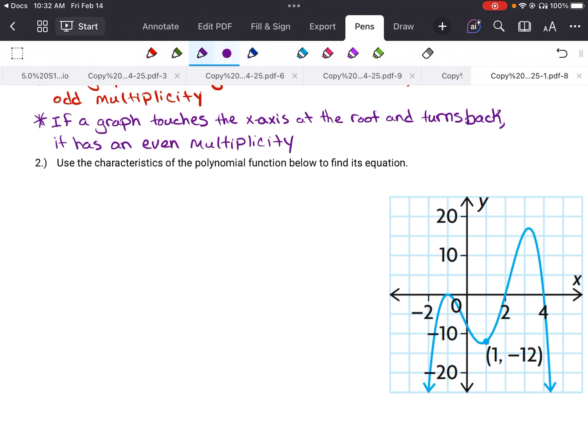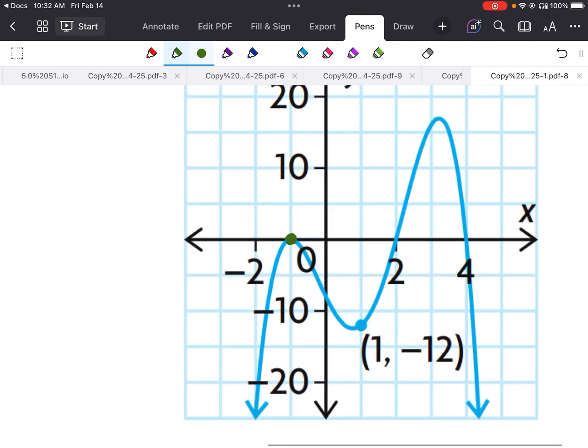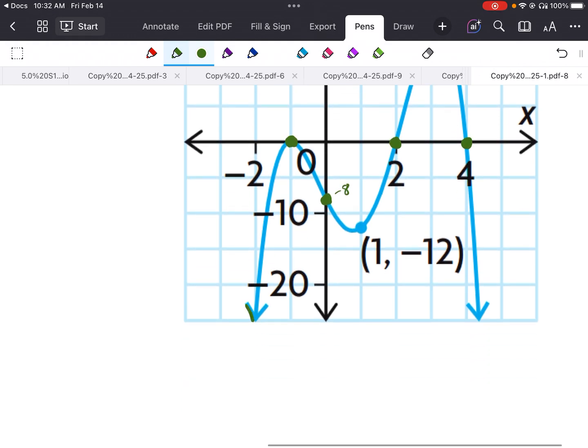Okay, use the characteristics of the polynomial function below to find its equation. So let's mark off what we know. We have x-intercepts at -1, 2, and 4. We have a y-intercept, let's call it around -8. The arrows are facing the same way, so that tells us it's an even degree.